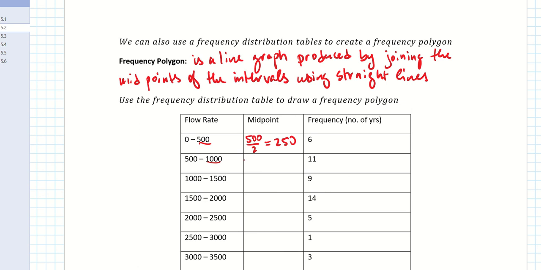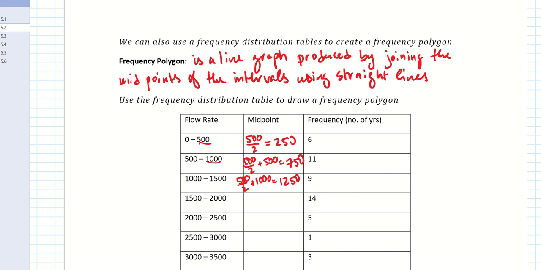So let me write it. 500 divided by 2 plus the maximum from before, plus 500. So in this case, we end up with 750. The next one is going to be 500 divided by 2 plus 1,000. So here we get 1,250.